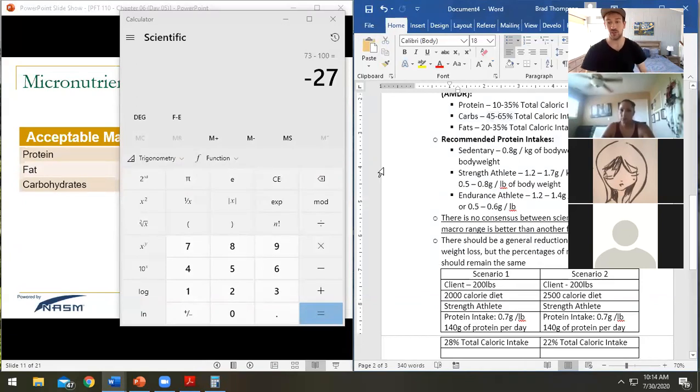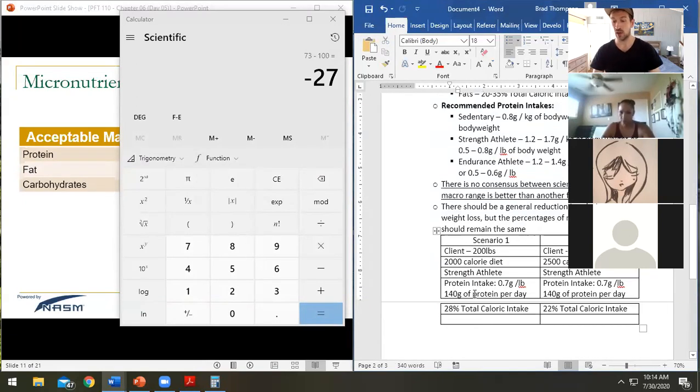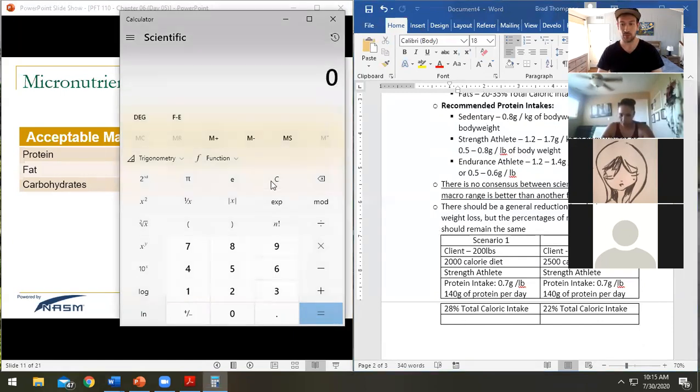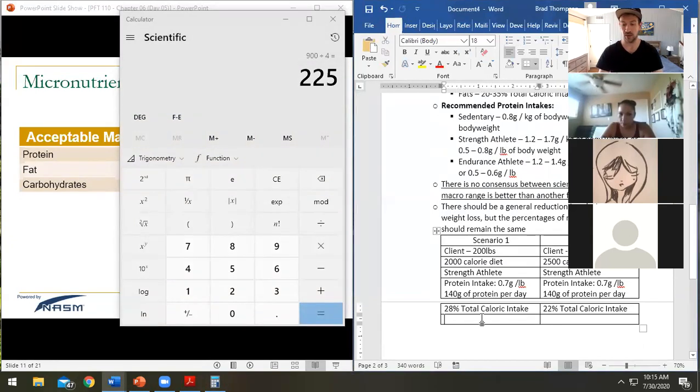Now how many grams of carbohydrates do I need? Well, we chose 45%, so 2,000 calories times 0.45, and we know there's 4 calories in every gram of carbohydrate, so we divide that by 4. That's 225 grams of carbs.